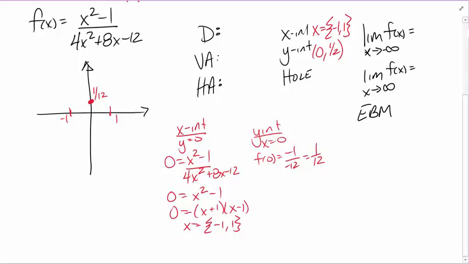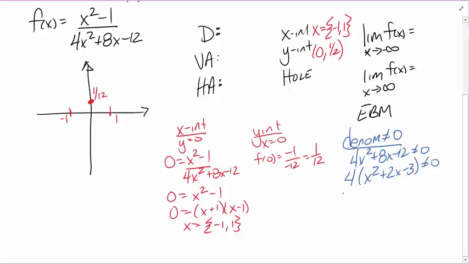If we want to start talking about domain and vertical asymptotes, we want to say the denominator cannot equal 0, so 4x squared plus 8x minus 12 cannot equal 0. We'll factor out a 4 as the GCF. Hopefully we can factor further. If we can't factor further, we have to go to the quadratic formula or find another way to find when the denominator equals 0.